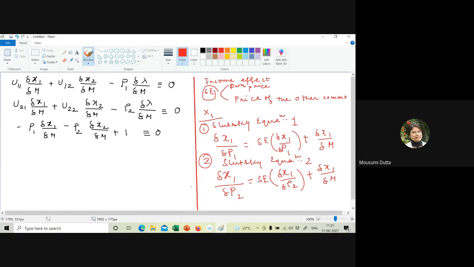So similar two possibilities are there for the commodity X2. And instead of X1, if we consider X2, one is del X2 by del P1, and another possibility is, the income effect derivation part remains unchanged.